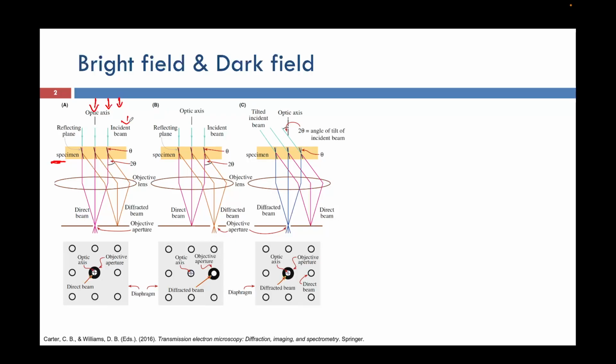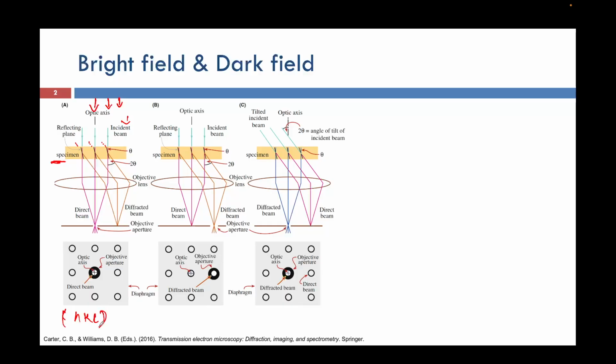Once the incident electron beams come onto the specimen, you can see there are some black solid lines. Those solid lines are nothing but planes. These planes may be oriented in any direction, so I will call them HKL planes. The indices of those planes are HKL.